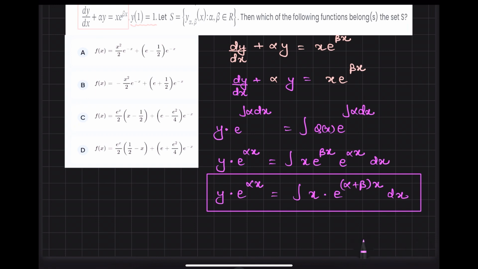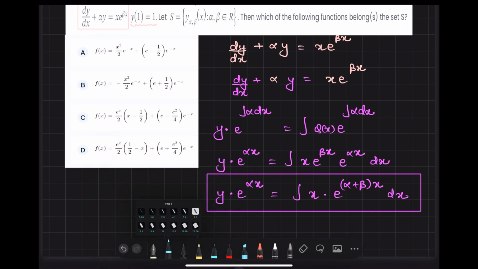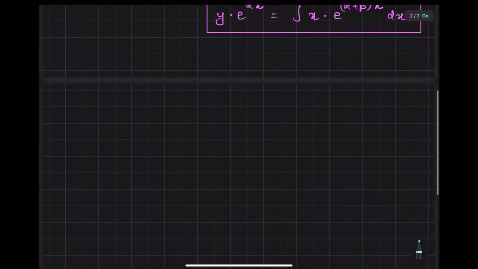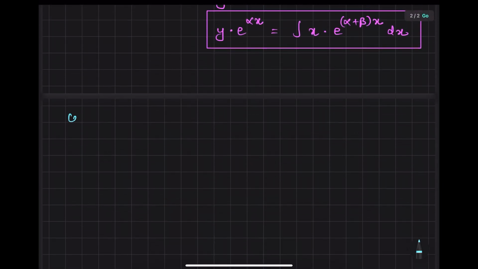So I feel that we will create two cases. Case 1 will be alpha plus beta equals 0. If it is 0, how will we respond? Let's understand.